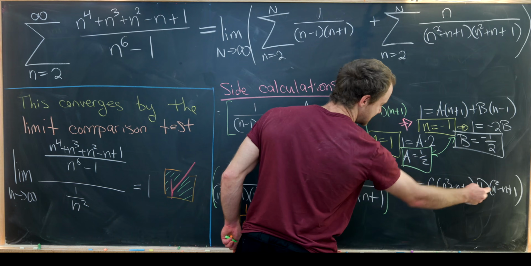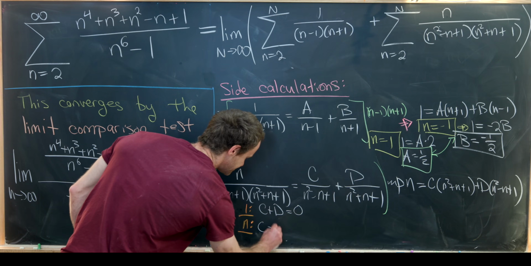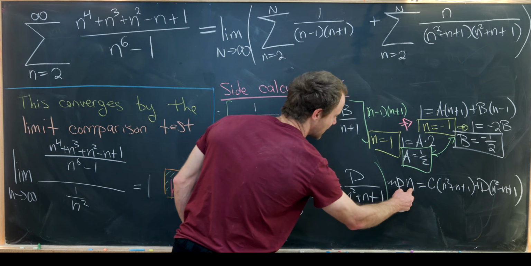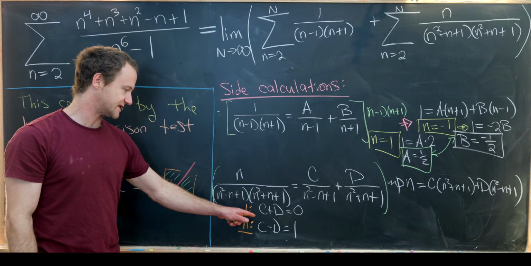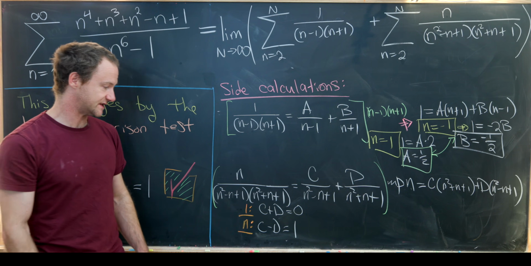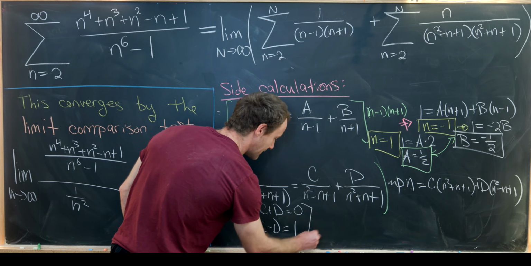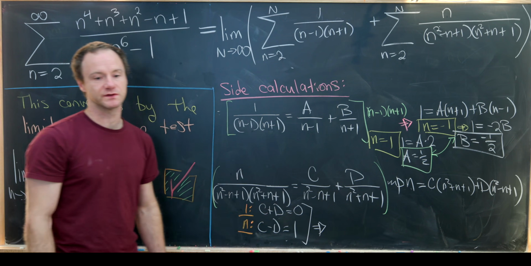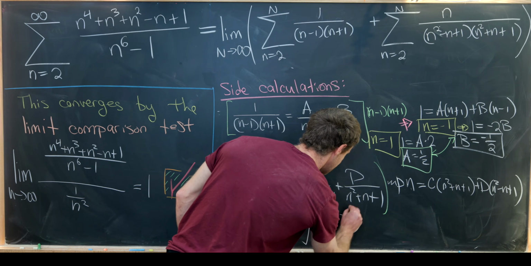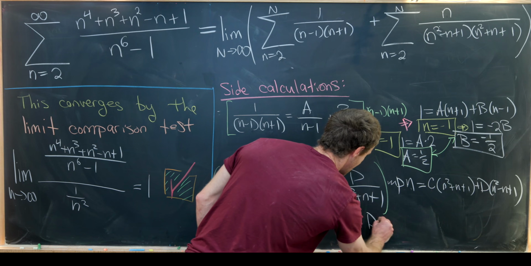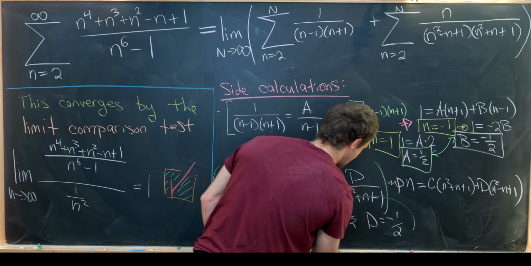Over here, we have c minus d, and over here, we have 1. So we've got this nice system of equations: c plus d equals 0, and c minus d equals 1. Putting this together, you'll see that c is equal to half, and d is equal to -1/2.